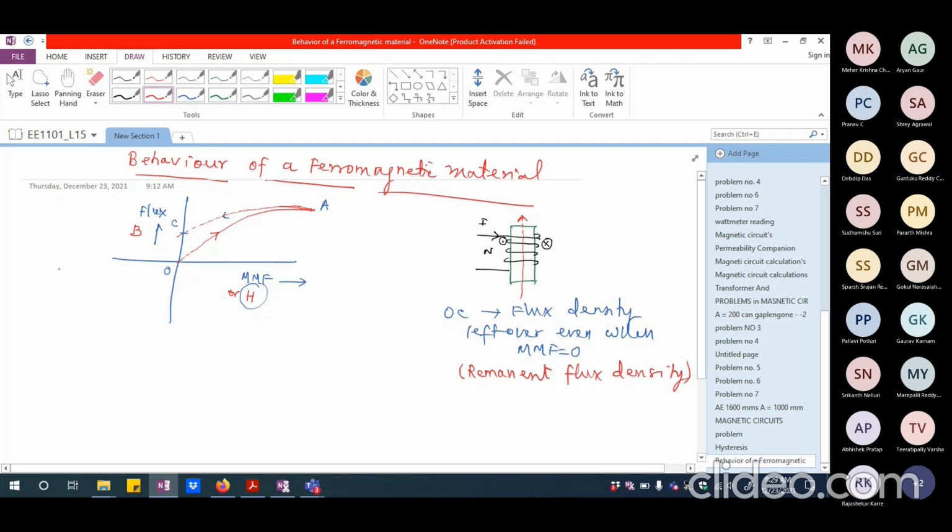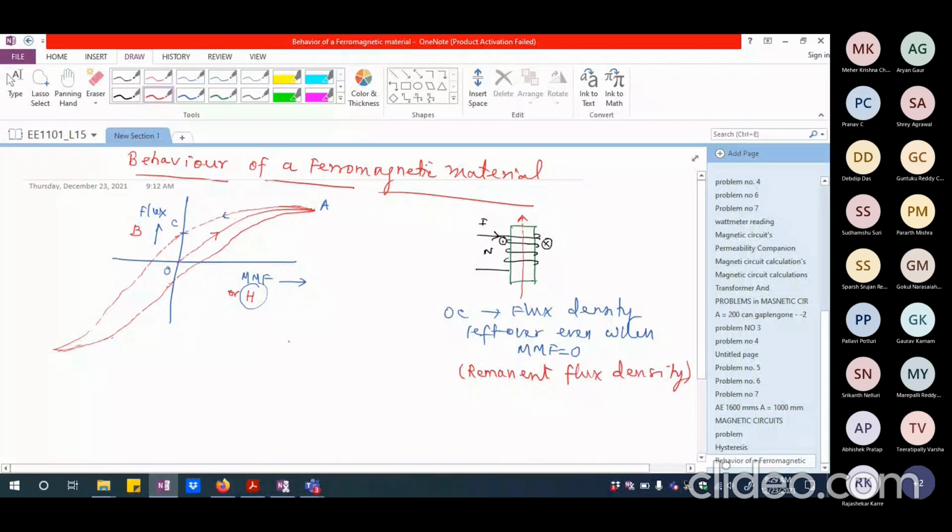Now, after this, if I try to increase the current in the opposite direction, I'm going to see that this is going to increase from here. Maybe it is going to again reach saturation somewhat like this. And from here, if I try to again decrease the current, it will go through the same kind of cycle, just the opposite way.